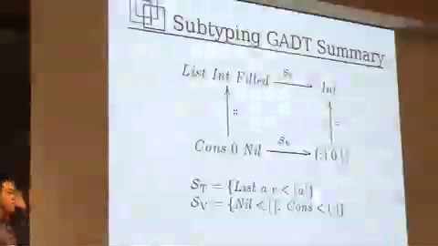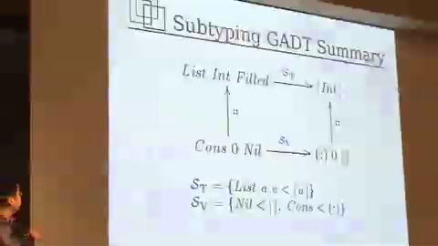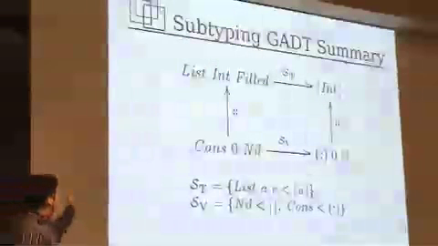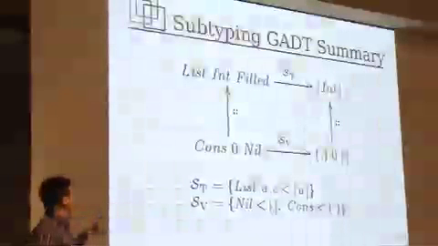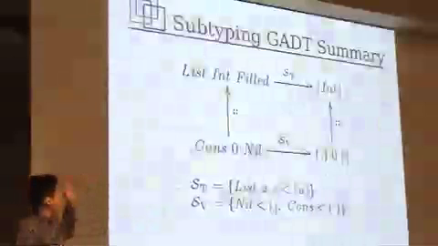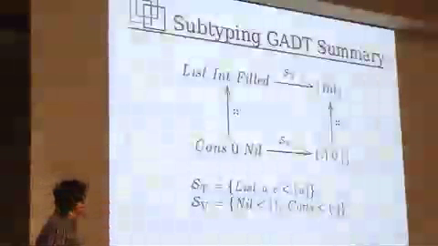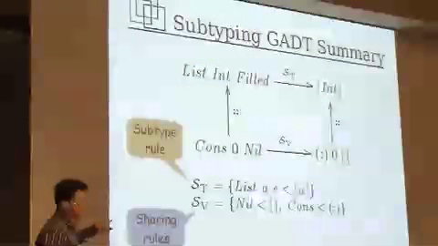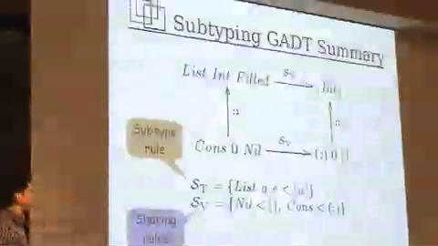And then we have a really similar structure diagram here that says this Cons has some relation to the value like that, and there's a subtype relation on the type level. So we'll call this the subtype rule, and in a moment we'll see that this is a meaningful name.